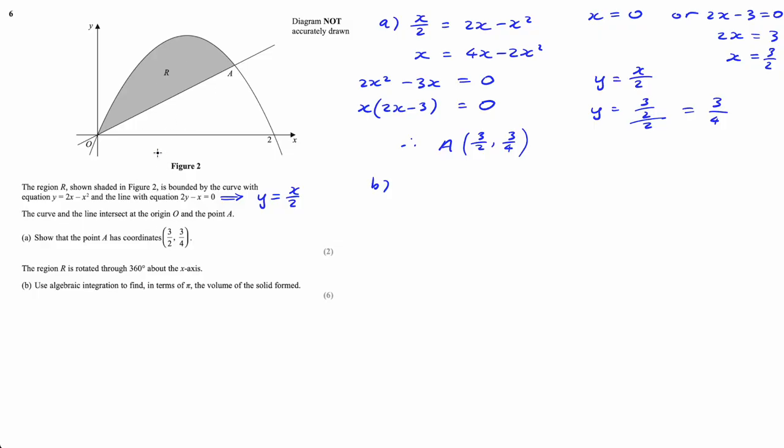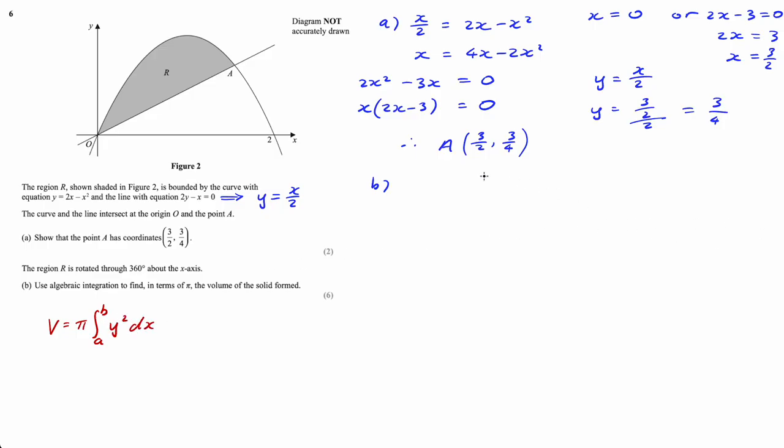Part B. The region R is rotated through 360 degrees around the x-axis. So this is a volume of revolution. Use algebraic integration to find the volume of the solid formed. Okay, so it's the volume of revolution. There's 2 of them, so we need to do the quadratic minus the straight line. The formula, guys, is the volume equals pi times the integral from a to b of y squared dx.